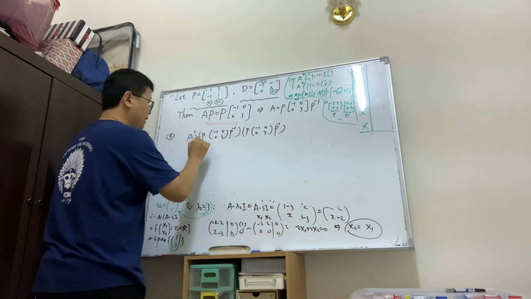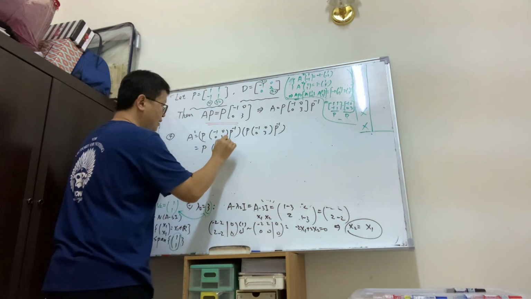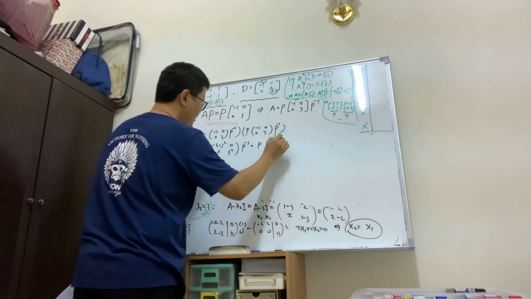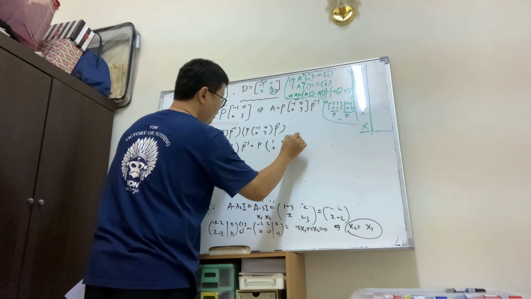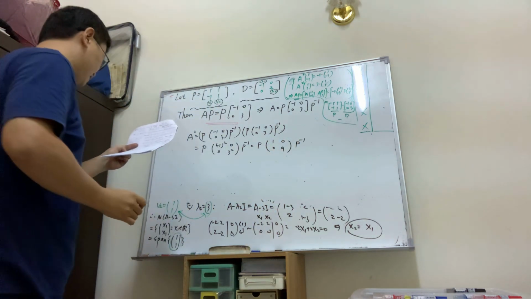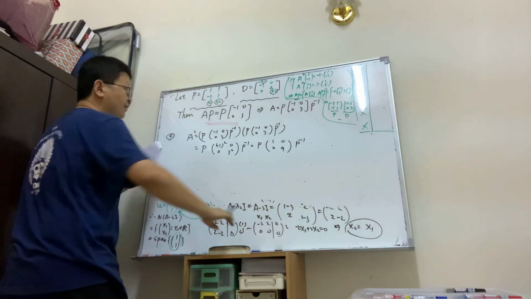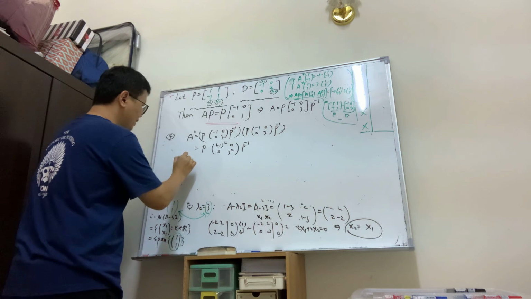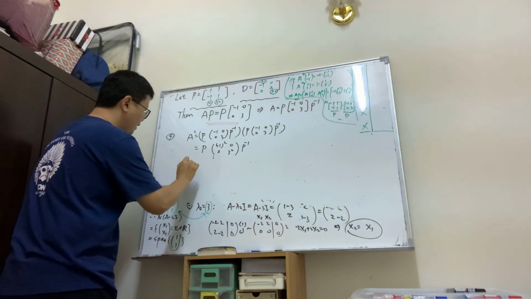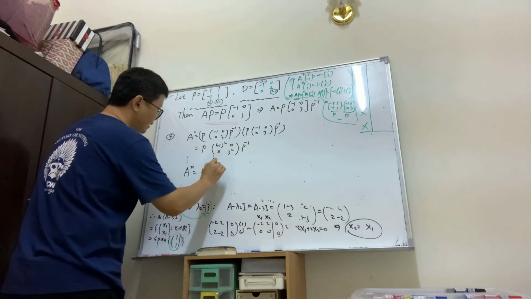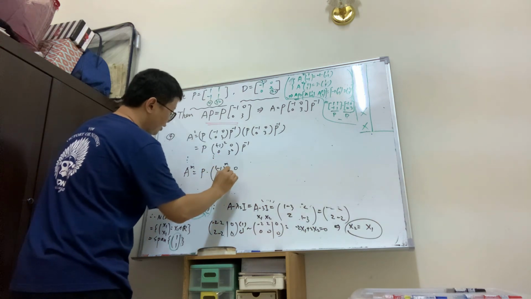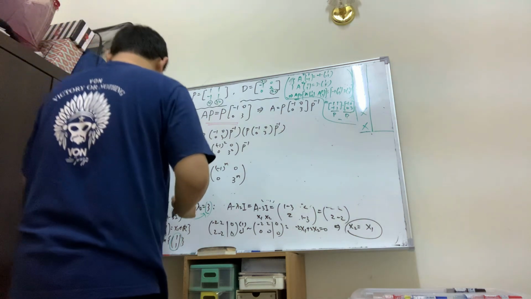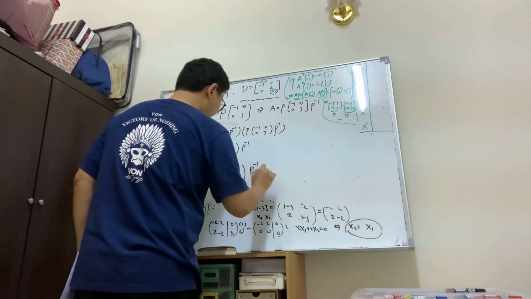So its square becomes P times D squared times P inverse, with D squared having entries 1 and 9. It will be better to see the general form. A to the power n should be P times the diagonal matrix with (-1) to the power n and 3 to the power n, times P inverse.